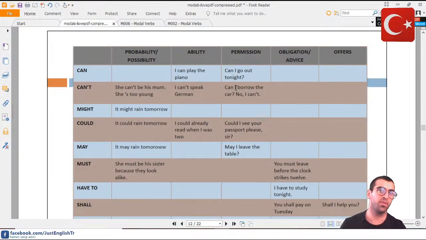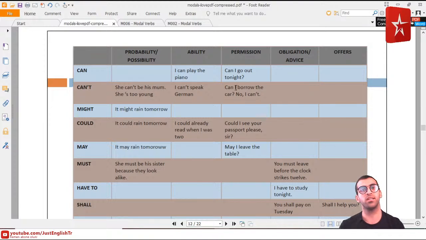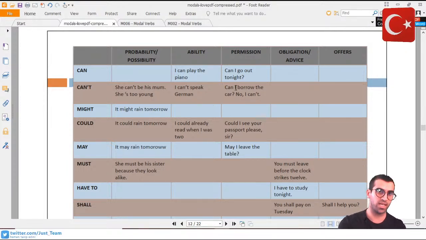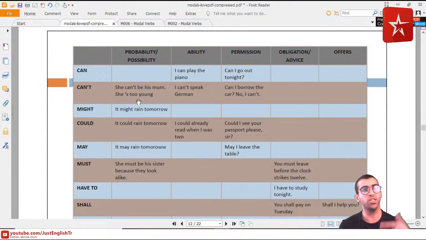Like I can play the piano, ability. Can I go out tonight? It's permission. Perfect. Can't is the negative form of can, but it belongs to probability and possibility. She can't be his mom because I know his mom.